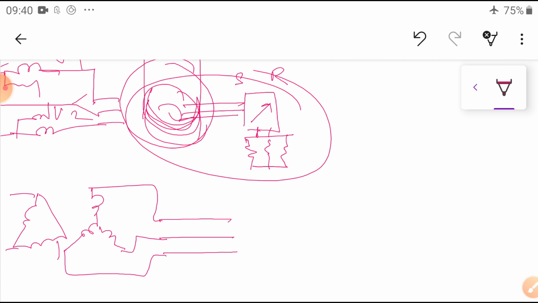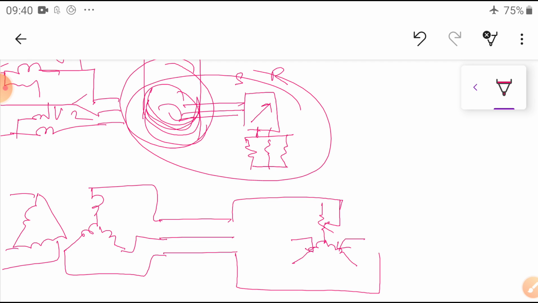The stator side is here, the rotor side is here, and the connections come out from the slip rings. Now you connect the rotor to the start terminals, connected here and here, for example.